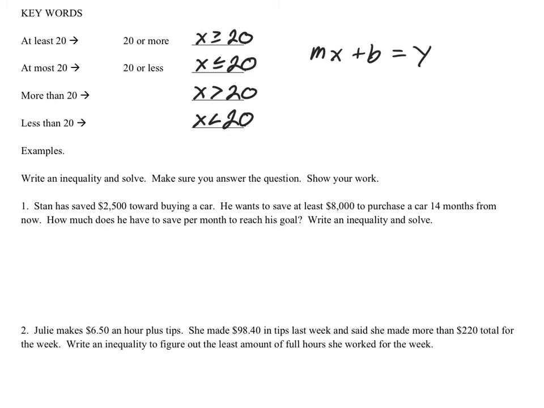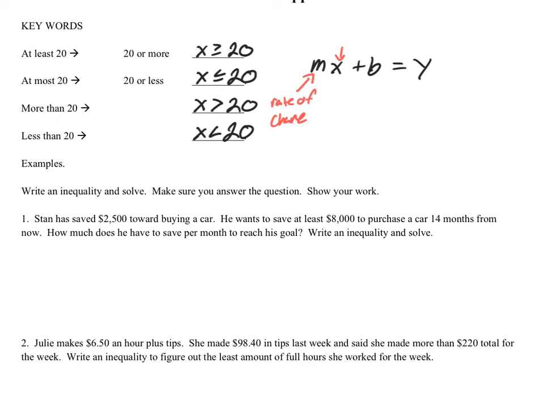So what we want to piece out are the different parts of this. In slope-intercept form, m is typically our slope, or we often refer to it as our rate of change. This is something in the problem that's going to be changing with respect to our variable x, or we sometimes call it our unknown.